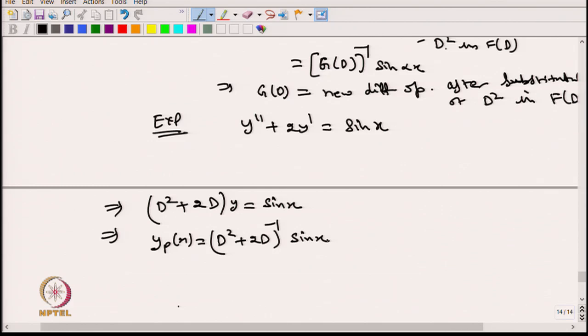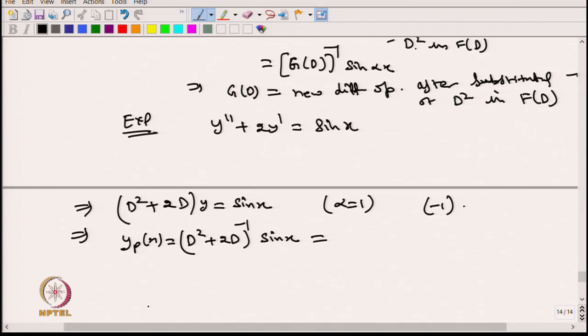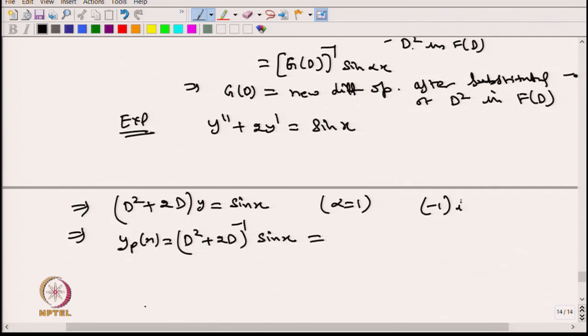Now, what we have done here is that my alpha here is 1. So, what I do, I will put minus alpha square, minus 1, in the place of D square.